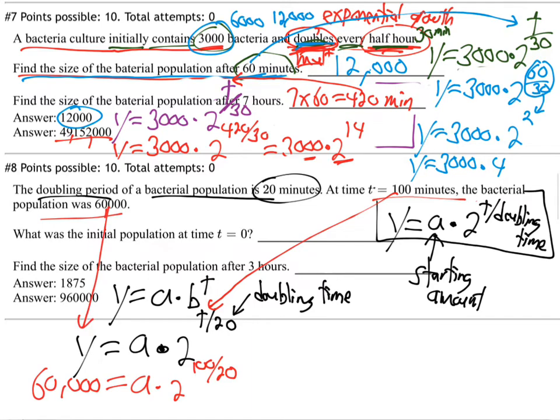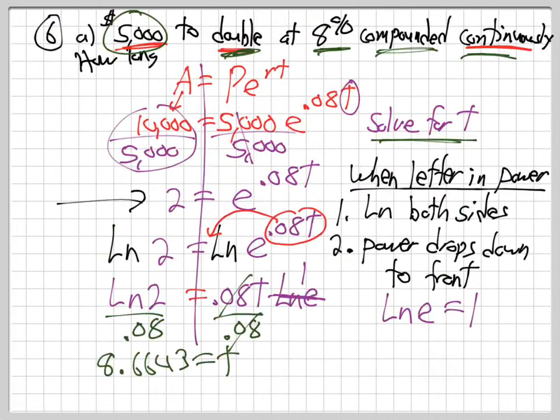When the time went to 100, the population, the y, went to 60,000. All right, so let's take that formula over here, and we get 60,000 equals a. Actually, I'm out of room here. Let me take this to some fresh space here. So number 8.